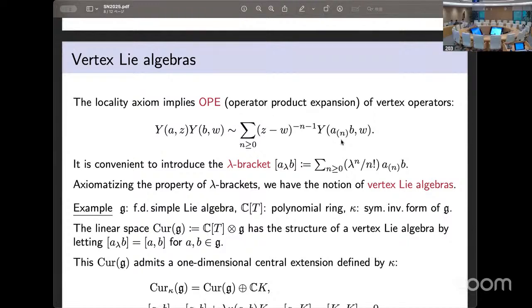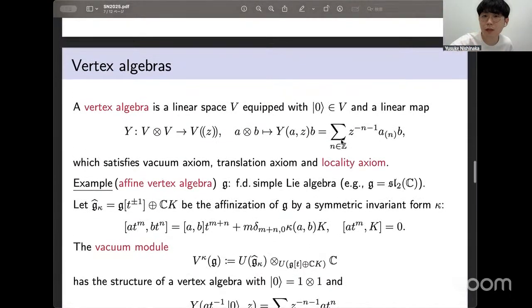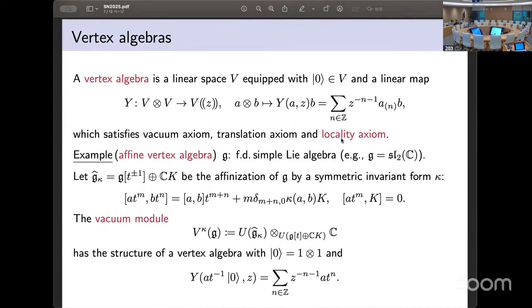Sorry, could you go back to the definition of vertex algebra? Still, I could not understand. So, A tensor B maps to Y, V tensor V. What is this?